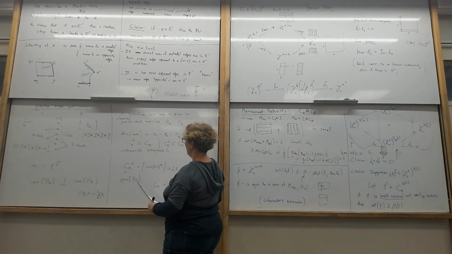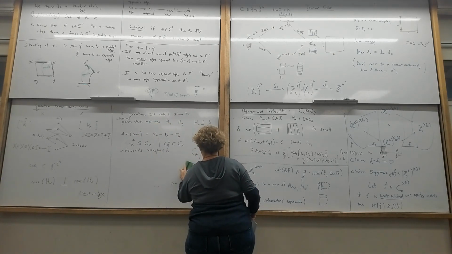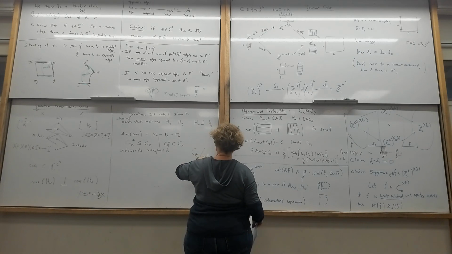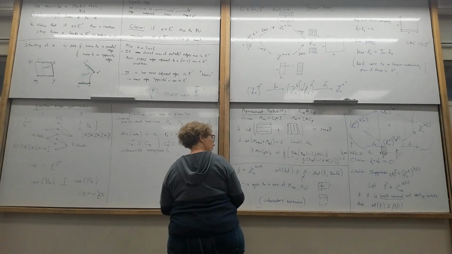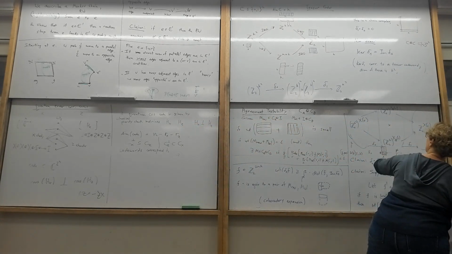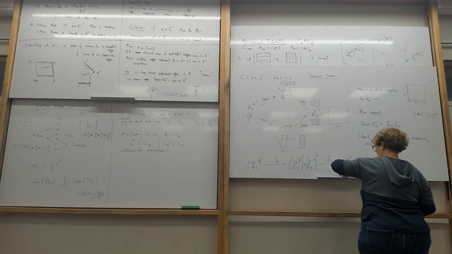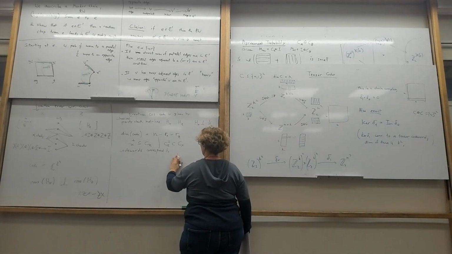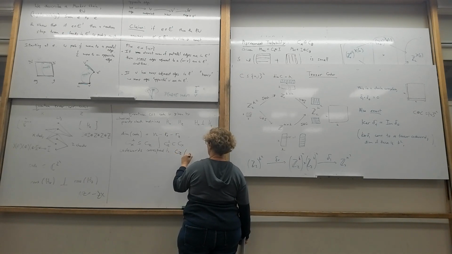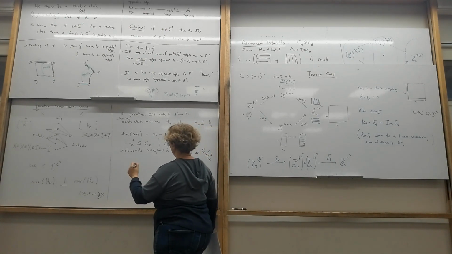So the distance. Okay, so let me erase this and say, code words correspond to CZ divided by CX perp, or to CX divided by CZ perp.